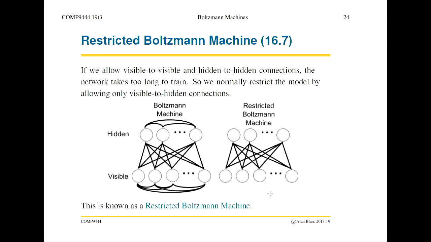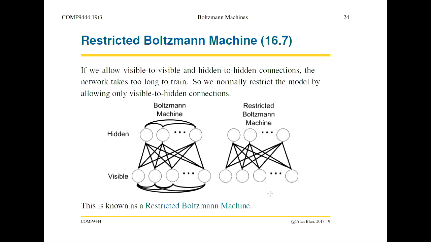The first is we can add additional neurons. The neurons that we've started with are the input neurons, and then I could imagine that there are certain hidden neurons which aren't part of the image but are just part of the model, and then I get this kind of Boltzmann machine with hidden units.